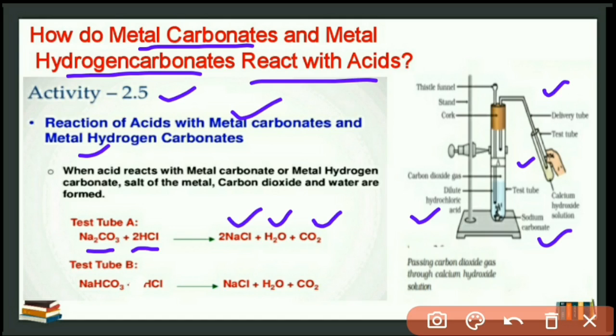Similarly, take a different test tube and add a small amount of sodium bicarbonate, add dilute HCl. When sodium bicarbonate reacts with HCl, it also forms salt, a water molecule, and CO2 gas is released. For the test of CO2 gas, take lime water, and the lime water turns milky. So this shows CO2 gas is released in this activity.